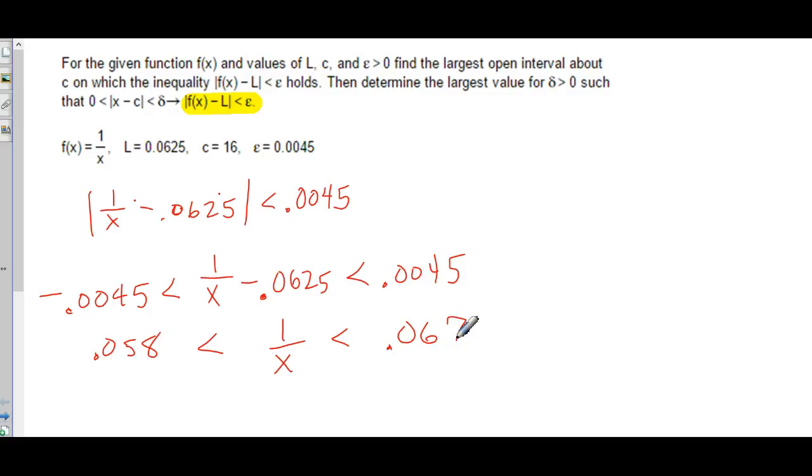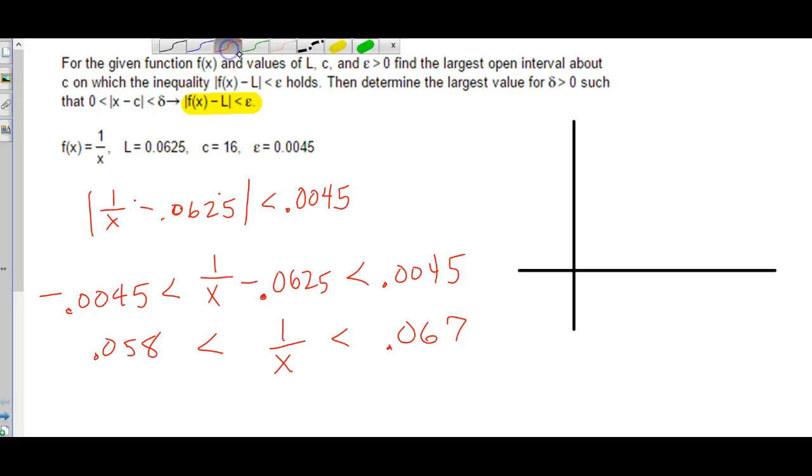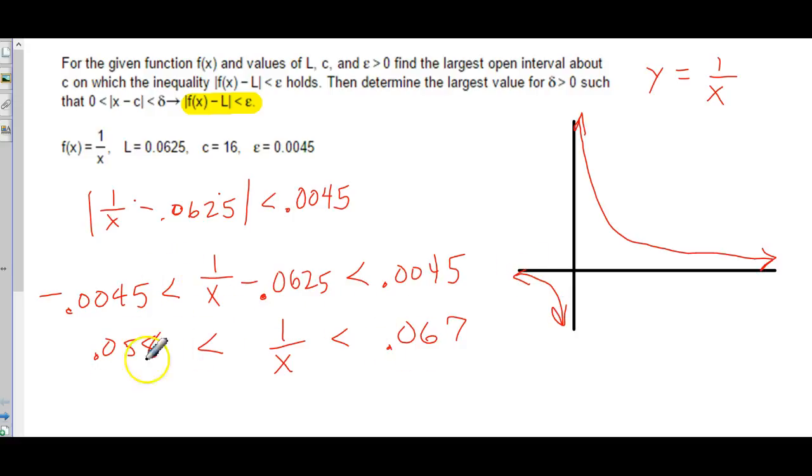Okay, now think about the xy plane. On the xy plane, think about the graph of y equals 1 over x, the function we're talking about here. Remember, that's got a vertical asymptote at the y-axis and a horizontal asymptote at the x-axis. It also does this stuff in quadrant 3, but we don't really care about that because we're talking about these two particular values, which are positive y values, so that would be up here in quadrant 1.